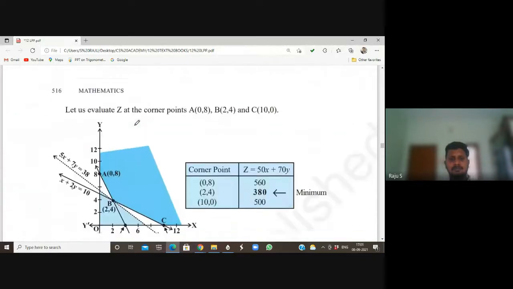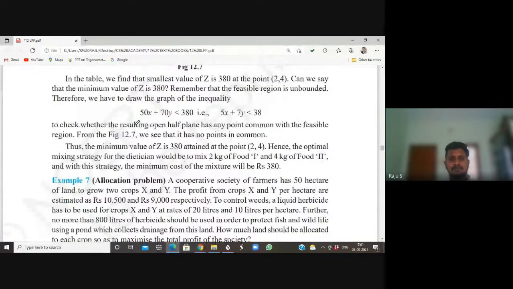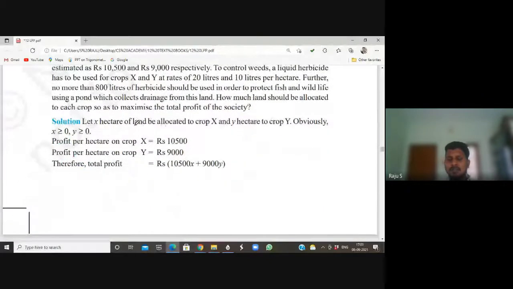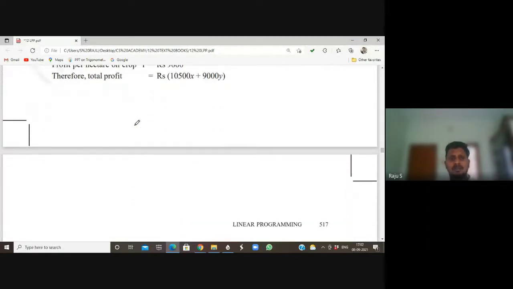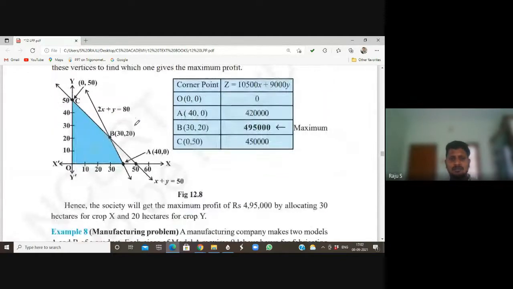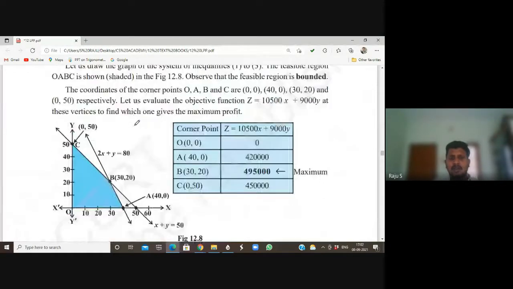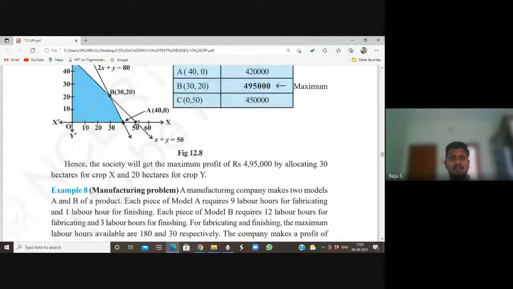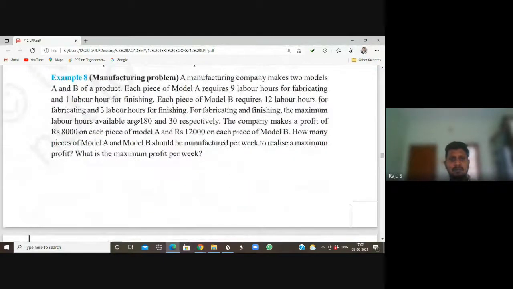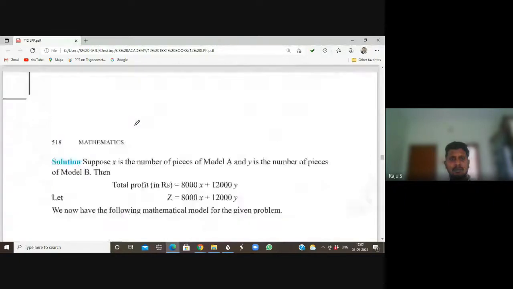After forming the inequalities and taking the objective function, the procedure will be the same as usual: draw the lines and find the feasible region. The feasible region is given by corner points, and let us take the corner points. At those corner points, we have to find the value of z. Among that, whatever is the minimum, that is the required minimum. Manufacturing problems.